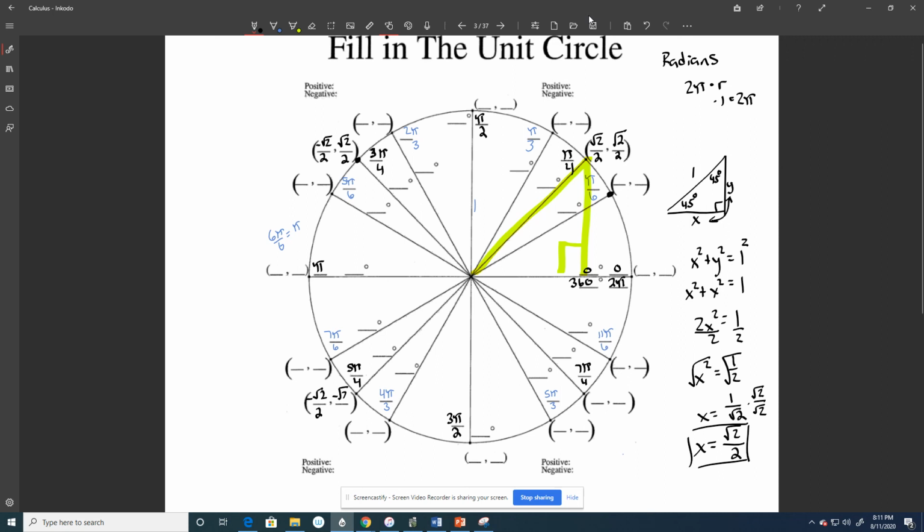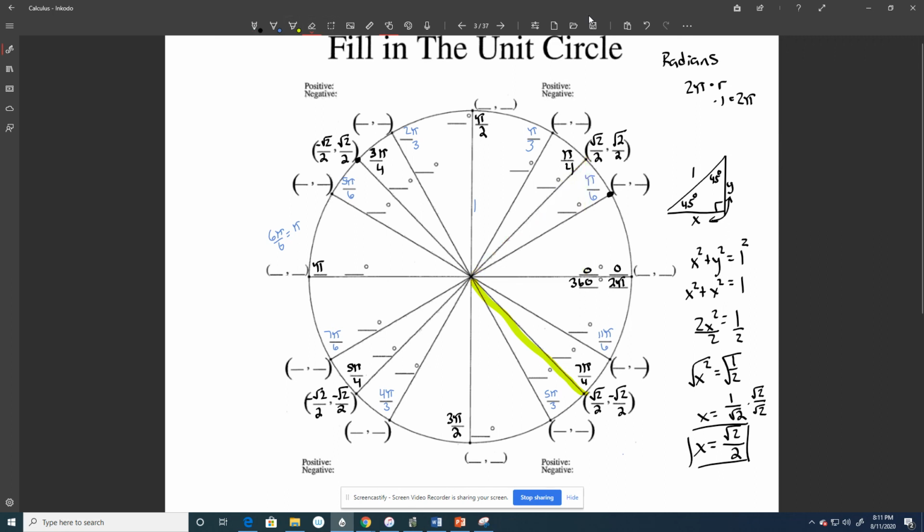So my y value is also negative root 2 over 2. And then if I transfer that to this last section, my corresponding angle is this one right here, my 7π/4, excuse me. And this time I'm going to the right, so it's root 2 over 2, but I'm going down, so that's going to be a negative root 2 over 2.